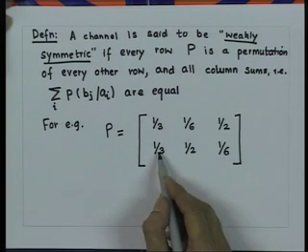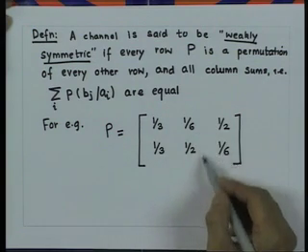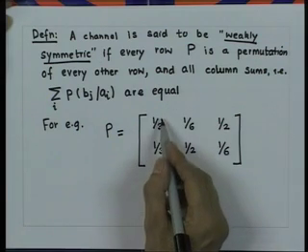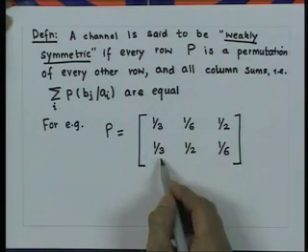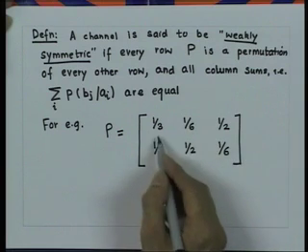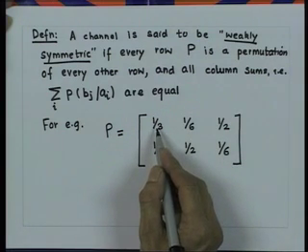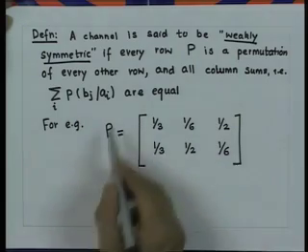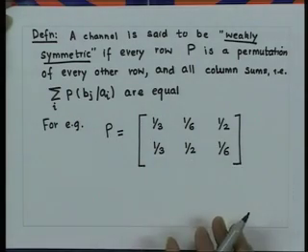In this channel, both the rows are permutations of each other and the sum of each column is equal to 2/3 for j equal to 1, 2 and 3. This channel is weakly symmetric, but not symmetric.